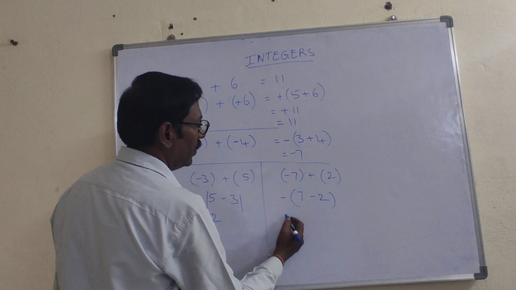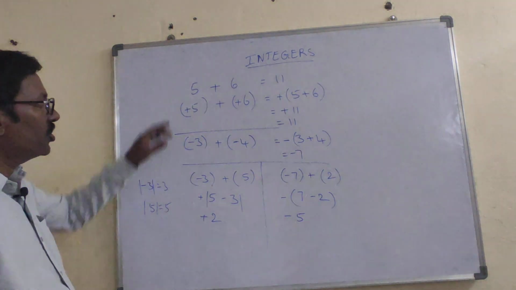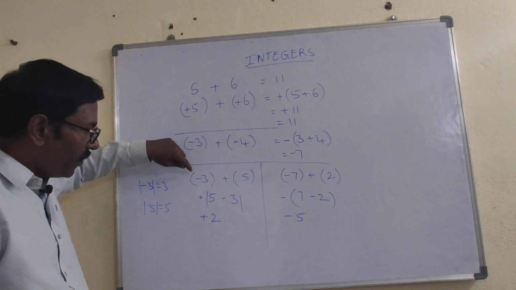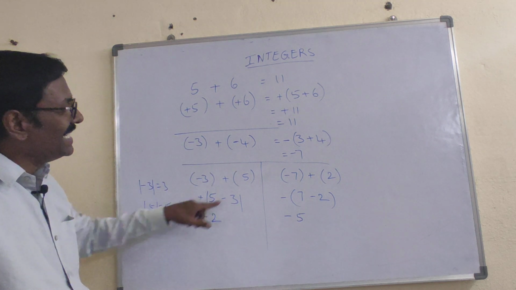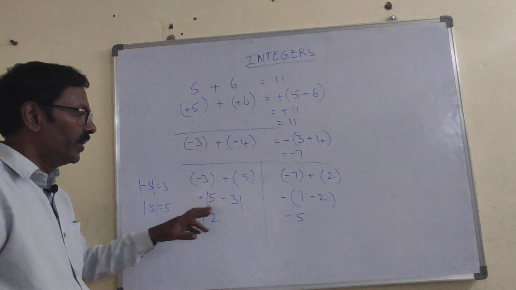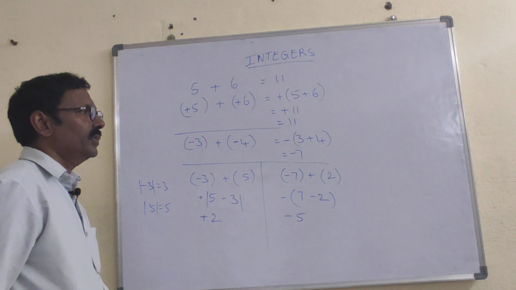So we write this as minus 5. Like this, with two positive numbers, two negative numbers, or one positive and one negative number, we will get either a plus sign or a negative sign.